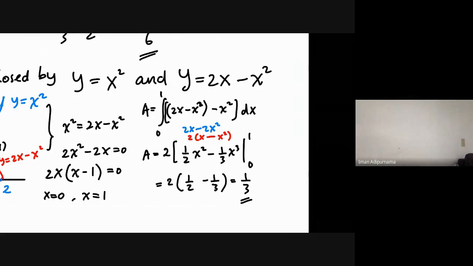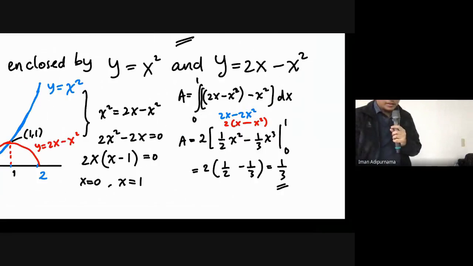Okay, so I gave you the very basic of how to find the area between curves. Later, maybe next Friday, I will give you more practice. Let's just keep to basic examples first. So you get the idea of how to calculate the area between curves.